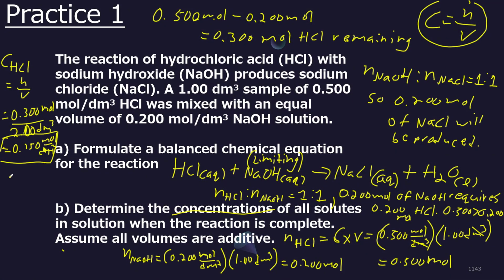Then the concentration of the other solute, NaCl, also required. This equals N over V, so that is the number of moles that we produced. That's on the far right side, 0.2, in the same final volume of 2 decimeter cubed.